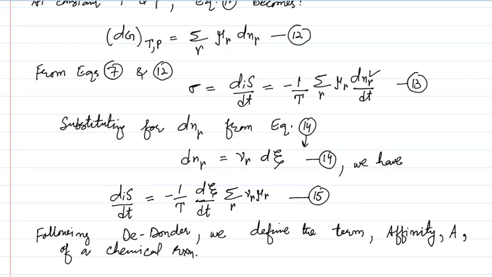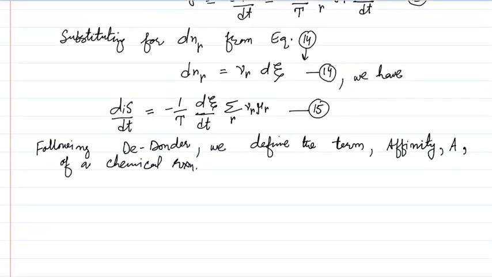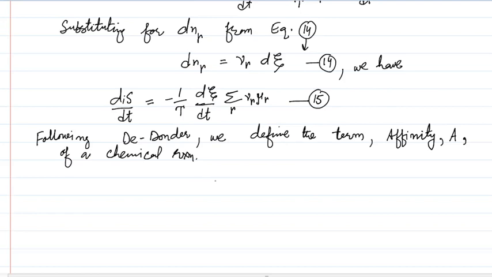So we are dealing with entropy production for a chemical reaction, so we will also define it for a chemical reaction. That means this affinity A we will represent by minus summation of nu gamma mu gamma. This is equation 16. So in place of minus and this part we will introduce the value of A.